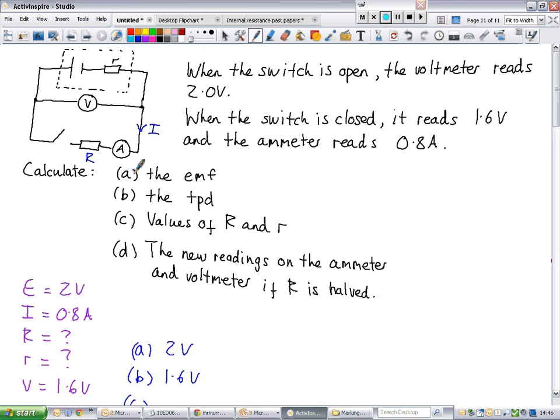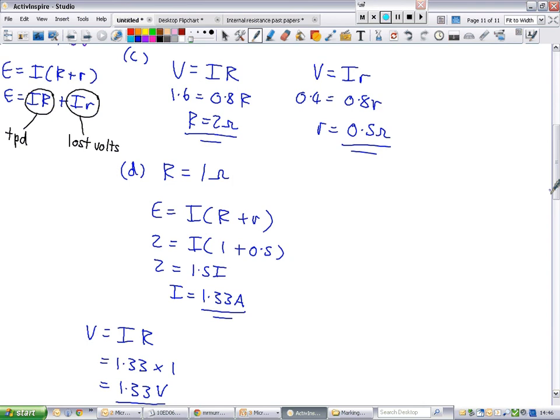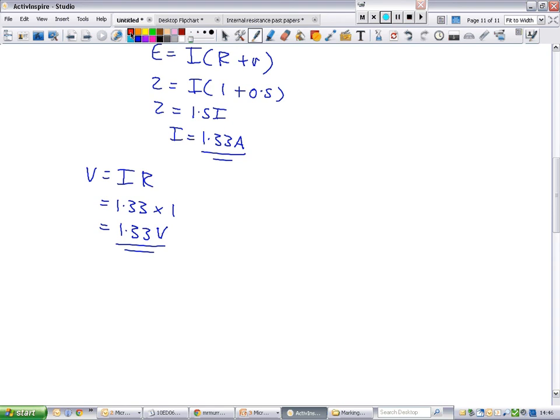So if the value of current goes up, that therefore has an effect on the lost volts as well. Because the lost volts is equal to V equals I times small r. If this stays the same, but this current goes up, then this value of lost volts is going to go up.